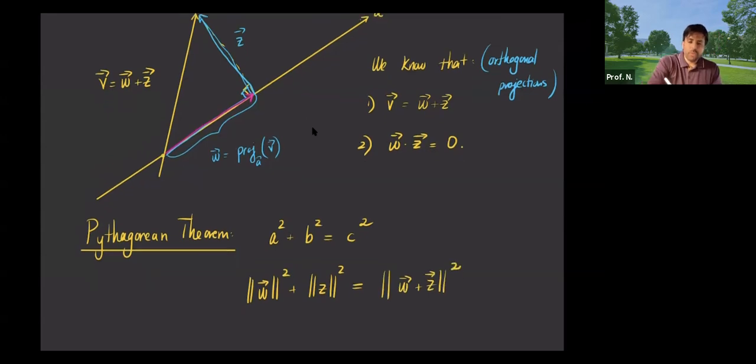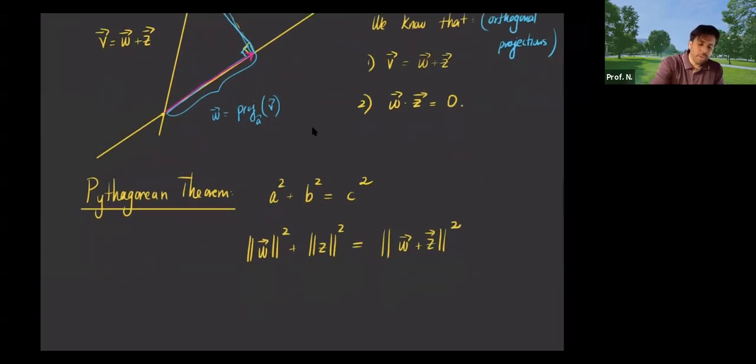So what I just wrote for you is the Pythagorean theorem for vectors, if W is orthogonal to Z. So if we have two orthogonal vectors W and Z, then this holds.